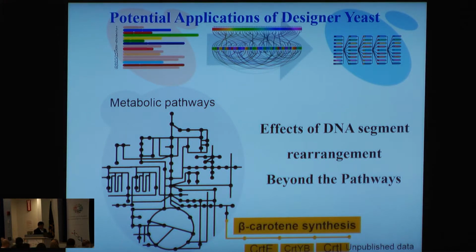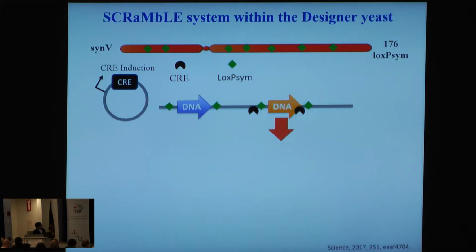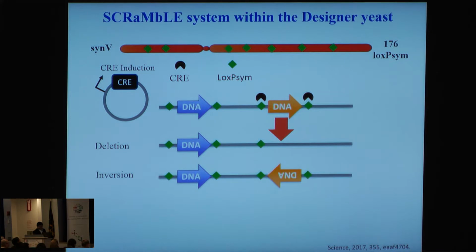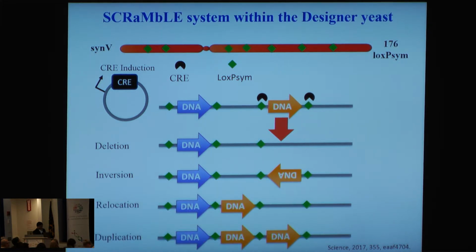For scramble within the designer chromosome 5, we have 176 loxPsym sites. If we induce the Cre, it can lead to deletion, inversion, relocation, duplication, as Professor Dai said.